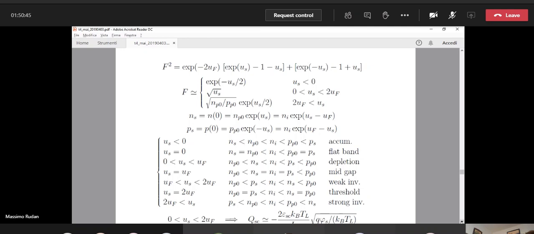So we may look deeper into it just to check whether there are limiting cases that are easy to deal with, okay?